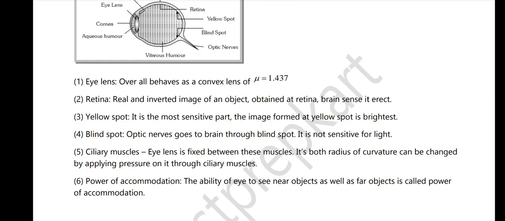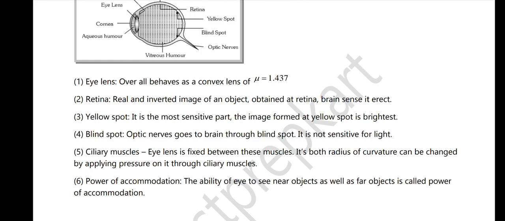Next is the ciliary muscles. The eye lens is fixed between these muscles. Its radius of curvature can be changed by applying pressure on it through the ciliary muscles.